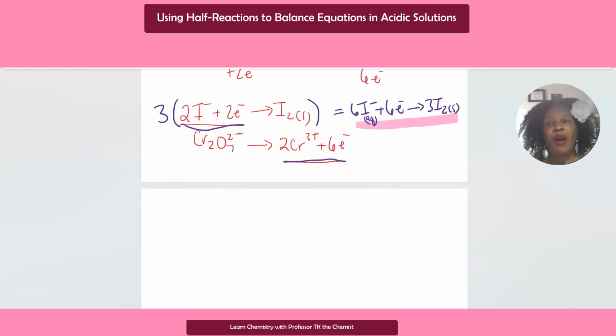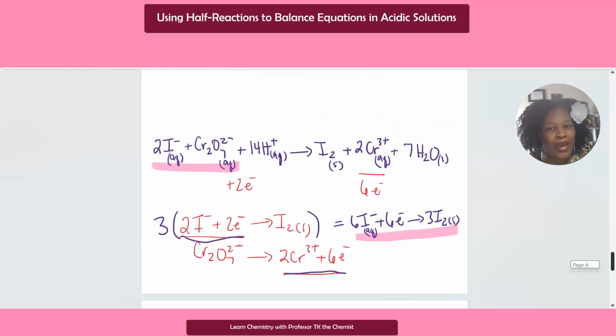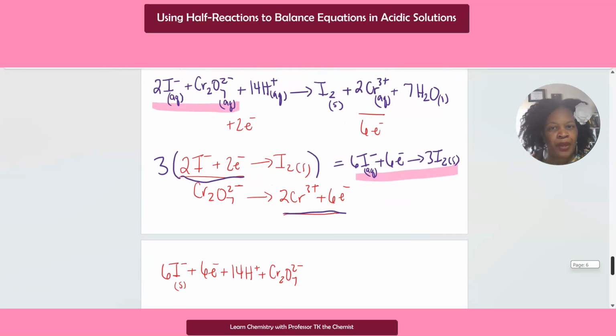So we're going to write 6 iodines, solid form, plus 6 electrons, okay, plus 14 hydrogens, plus that dichromate ion, okay? Again, we're just going back, repeating what we had previously up here, okay?